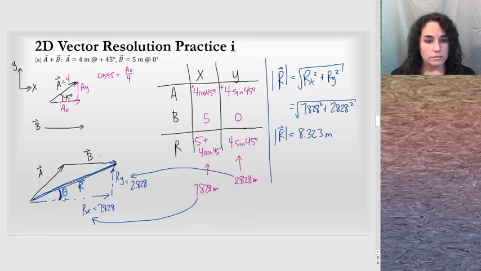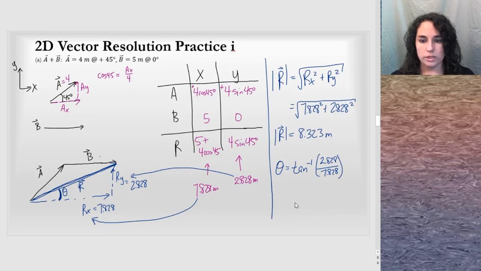Let's find theta. We're given the two legs of the triangle. Ry is the opposite, Rx is the adjacent. So I can say theta is the inverse tangent of the opposite over the adjacent, which is 2.828 over 7.828. When we calculate this, the inverse tangent is 19.9 degrees.